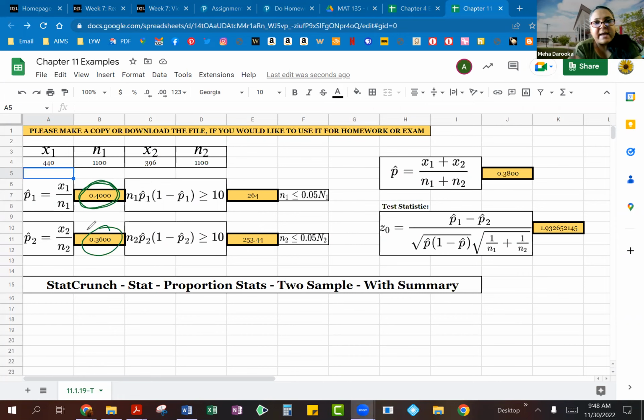And if you look at how I designed these, just click on that cell and you will see this is where we're taking the x1 value, dividing it by n1. Same thing for that second sample statistic. You will see again, we're taking our x2 value, dividing it by n2. So that's how you are calculating your P1 and P2 statistic values over here.